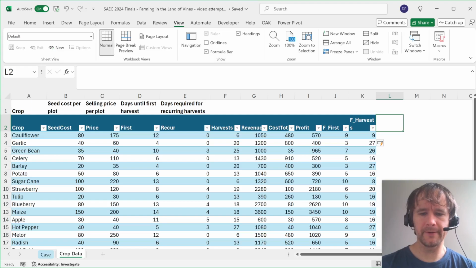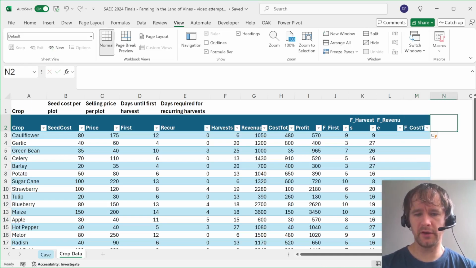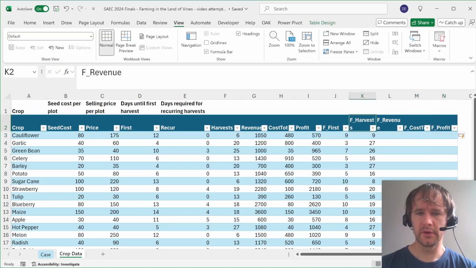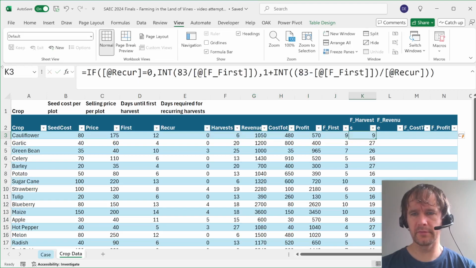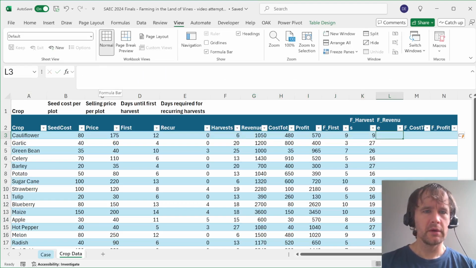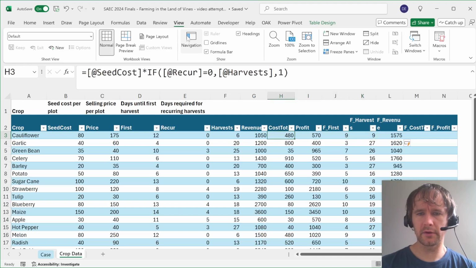Okay, then I need F revenue, F cost, and F profit. And again, I can mostly just take these. Oops. Then so I just need to make that F harvest cost.